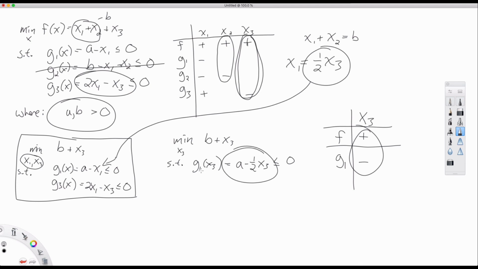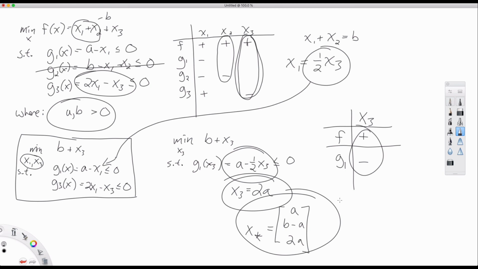We can say that a is equal to 1/2 x3, or x3 is equal to 2a. If we go back and substitute this value for x3 into the other two relationships we identified through constraint activity, then we can solve for the optimal value of the optimization vector x, and that's going to be a, b minus a, 2a.